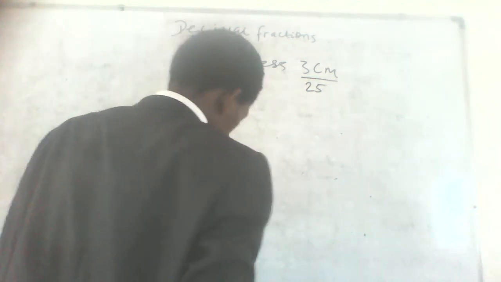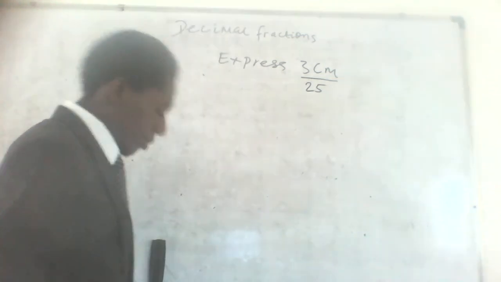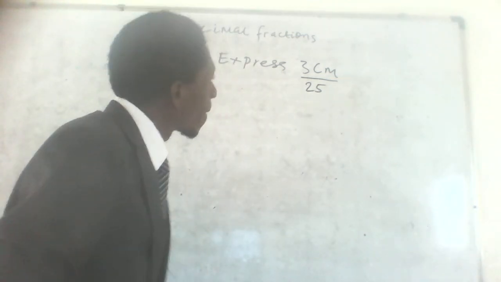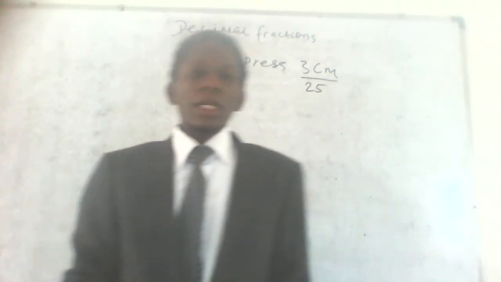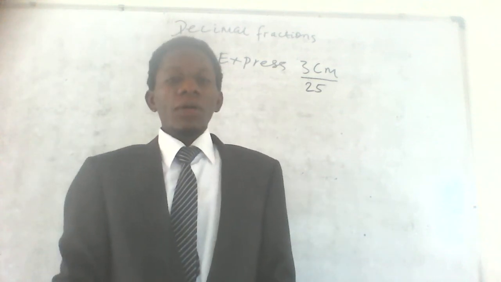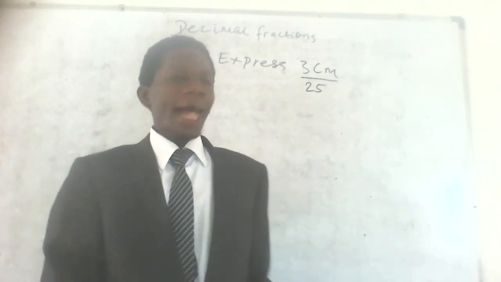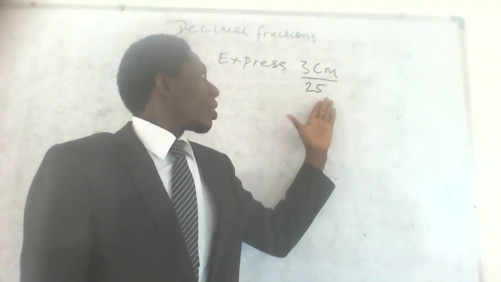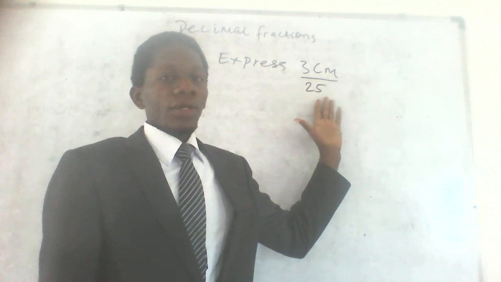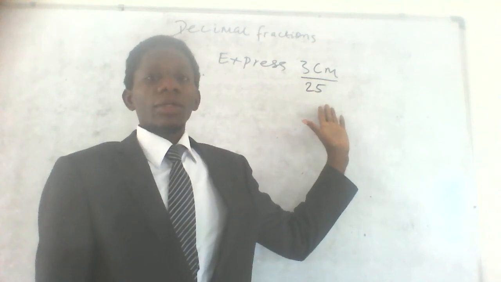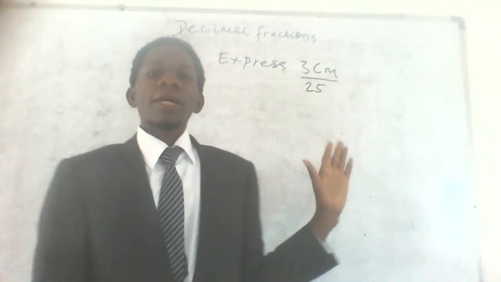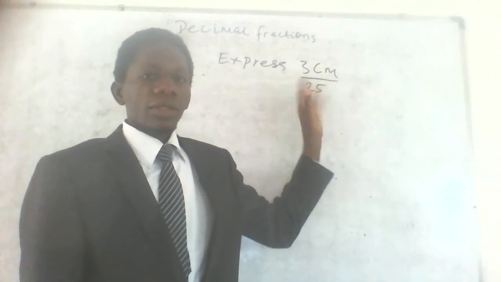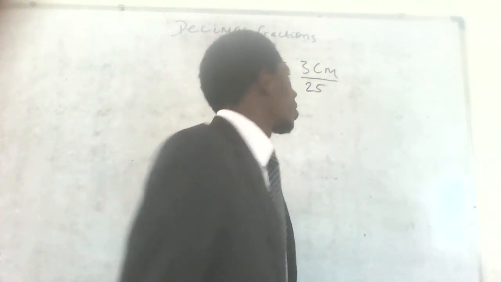Okay, how do you express 3 cm by 25? Well, I cannot say that there was an error in the question. What I can say is that I will assume that the denominator also has the same unit. So I am going to work it out, assuming that the denominator also has the same unit as numerator, 3 cm.